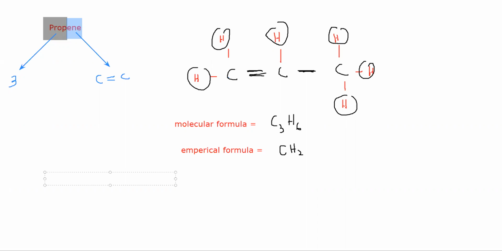So if I say draw the structure of butene or pentene, what does the term pent mean? The term pent means 5 and ene means there should be a double bond.